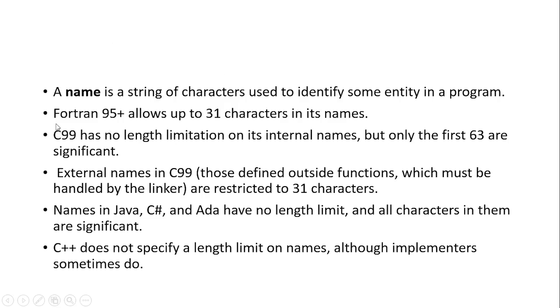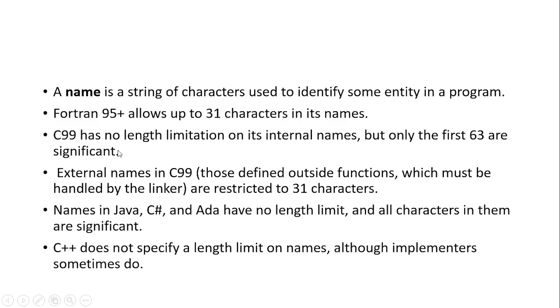For example, Fortran 95 plus allows up to 31 characters in its names. C99 has no length limitation on its internal names, but only the first 63 are significant.